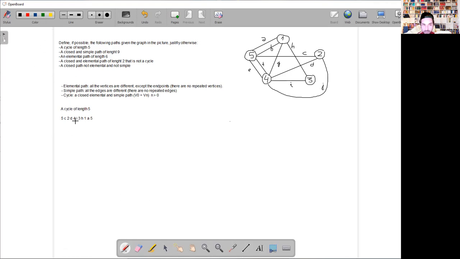So this is the initial node, which we will call B0. And this is the final node, which is 0, 1, 2, 3, 4, 5, so this is B5.